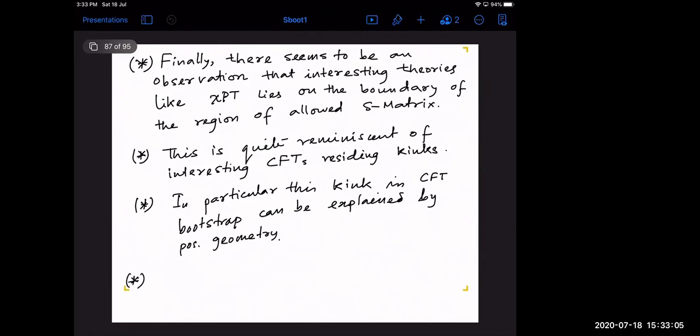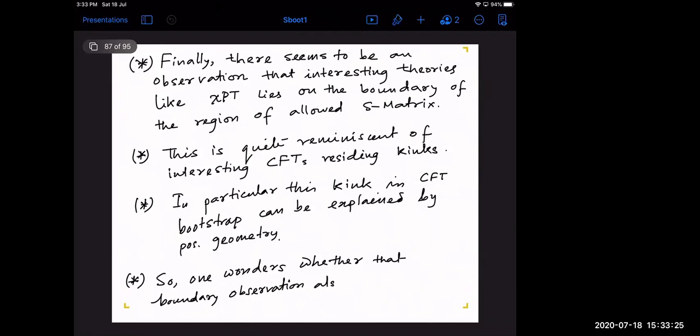So one wonders whether that boundary observation also underlies some positive geometry explanation.